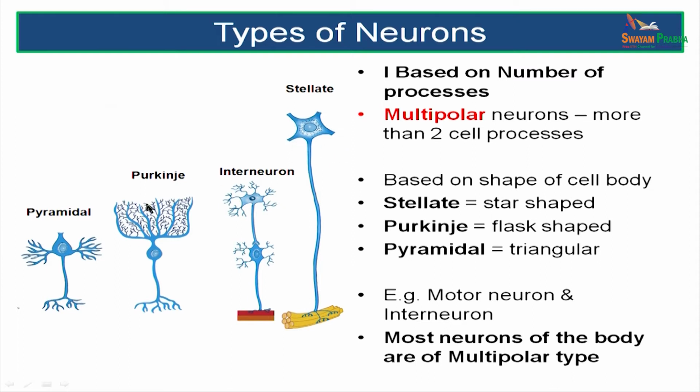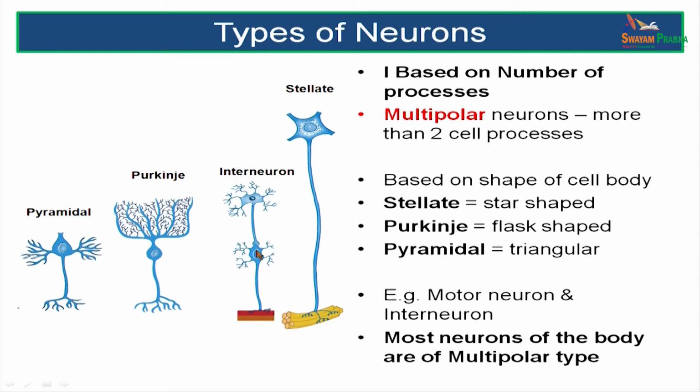They could be Purkinje, which are flask-shaped, present in the cerebellum, or they could be pyramidal, triangular shaped, present in the cerebral cortex. The stellate multipolar neurons are the commonly found multipolar neurons present in the nervous system. There is also a concept of the interneuron, like you see here in this diagram.